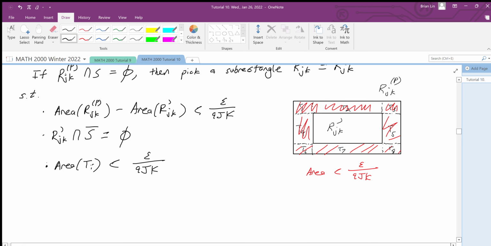And the way we achieve this is by adding an appropriate choice of delta to the partition, and that just comes from question 1a.